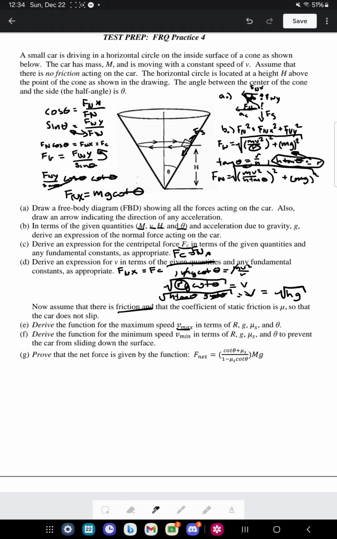So if we want to find the maximum speed, let's see, F of c equals to, let's see, if your car is moving fast, then static friction will want to pull it down.